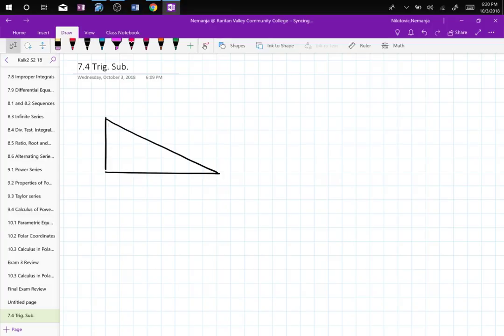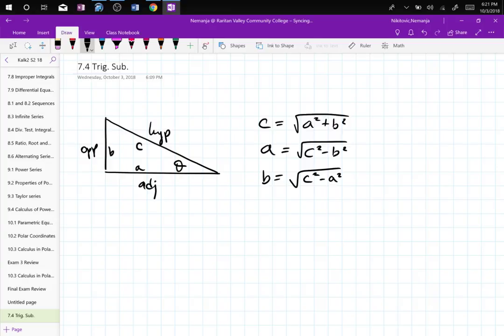we have a right triangle with angle theta, and we know that this side is called the opposite, adjacent. We don't need the plus minus for the square root.